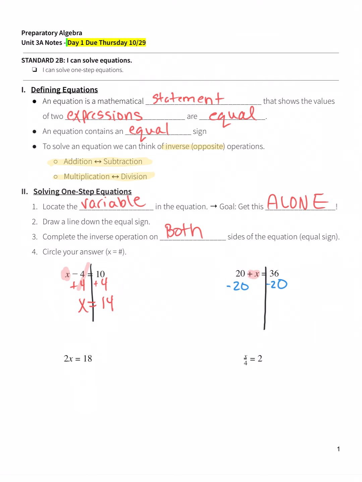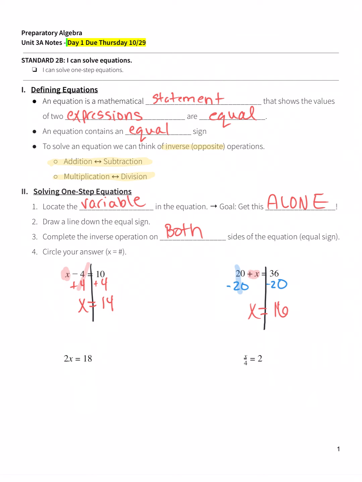So now we've set this equal to 0, so that means x is alone on this side of the equation, which is what our goal is because we want to figure out what the value of x is. Now if we look over here, we have 36 minus 20, and 36 minus 20 is equal to 16. So we know that x is equal to 16. All right, let's keep going.